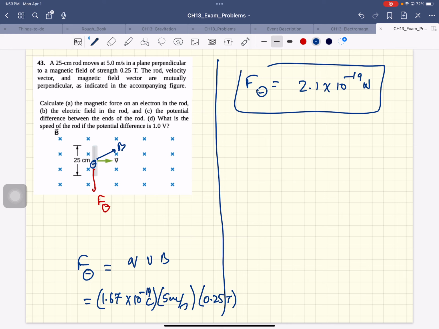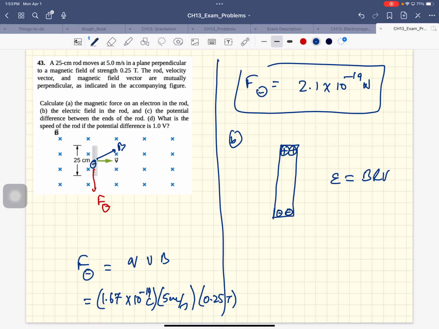And the electric field in the rod. So the rod acts like a battery, and the force on the electrons is there, so the electrons collect here. And what is the voltage of the battery? It's BLV.